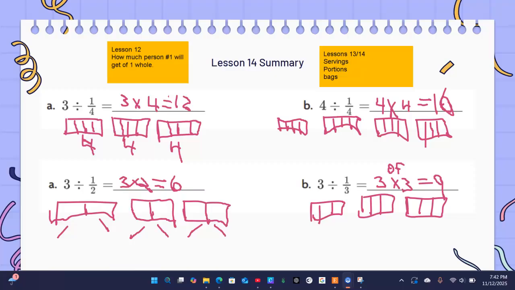So lesson 13 and 14 have to do with things like servings, portions, bags. Those are the different things you'll see. And you'll see other words as well. Those are the ones that just came to me just now.